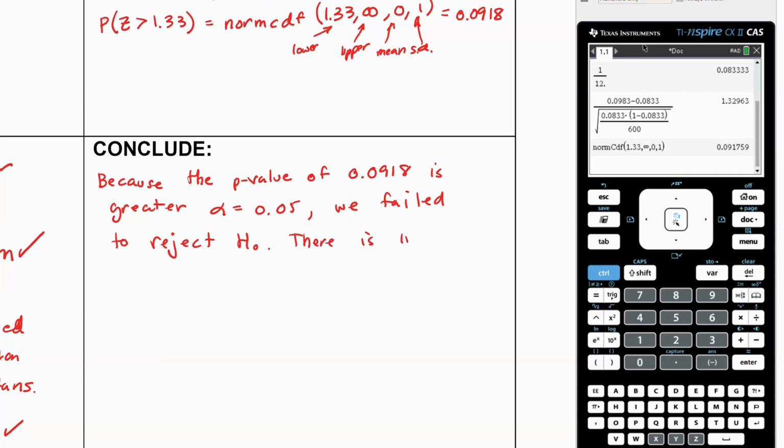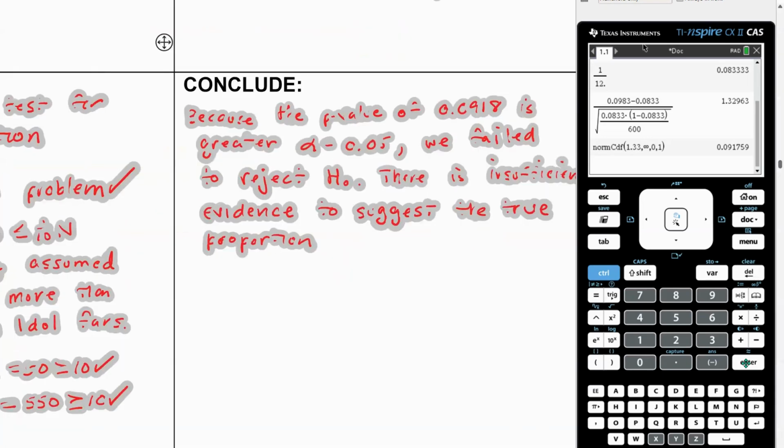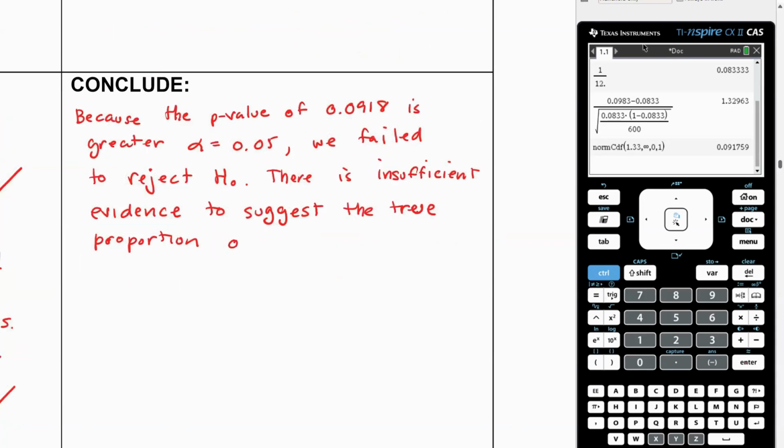There is insufficient evidence to suggest the true proportion, now we have to mention our population of American Idol fans, and then we say what we measured, who prefer the last contestant, is greater than 1/12.